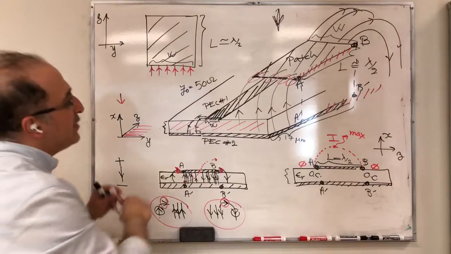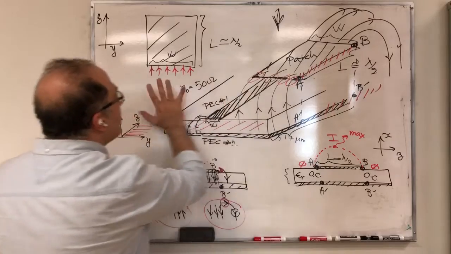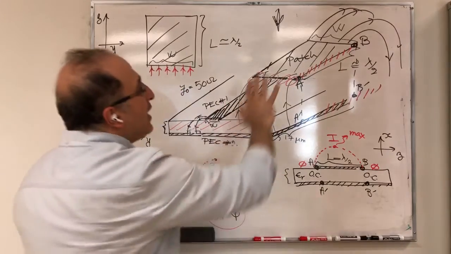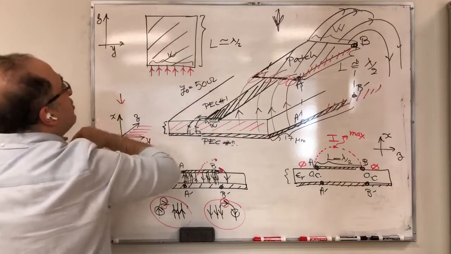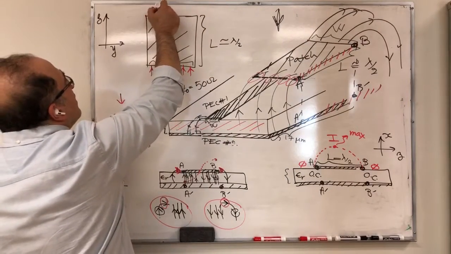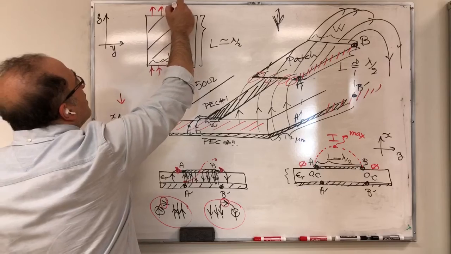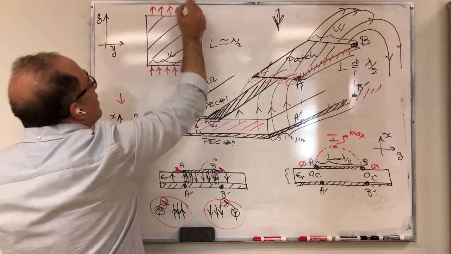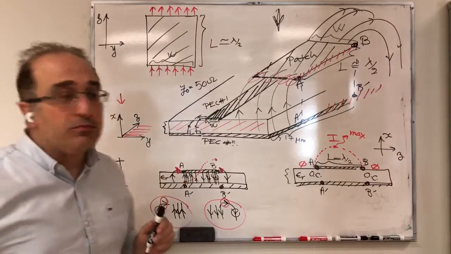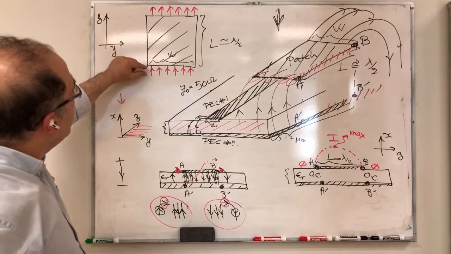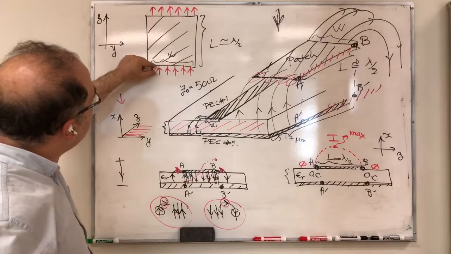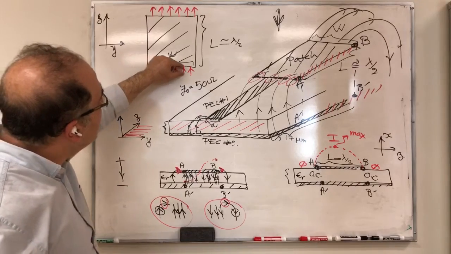So I have these going this way, and these would be shown here, like this. So now you see that your patch from the top is creating an in-phase electric field.